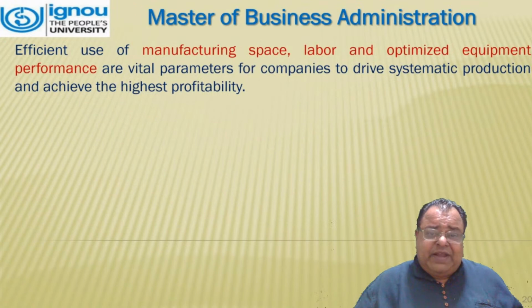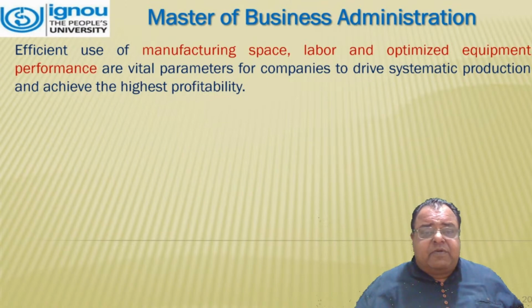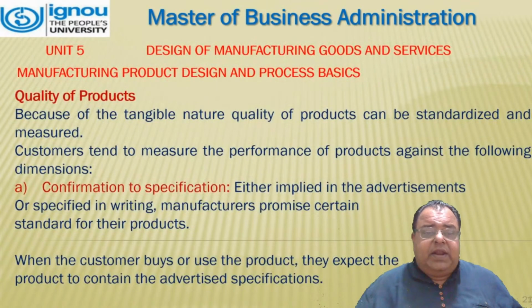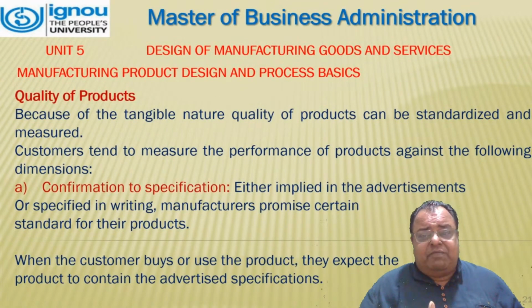Efficient use of manufacturing space, labor, and optimized equipment performance are vital parameters for companies to derive systematic production and achieve the highest profitability. Now we move to Unit 5, that is design of manufacturing goods and services.